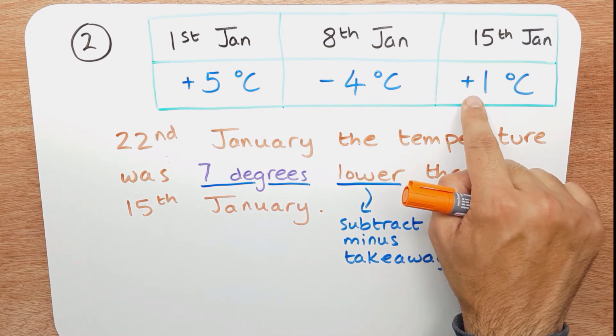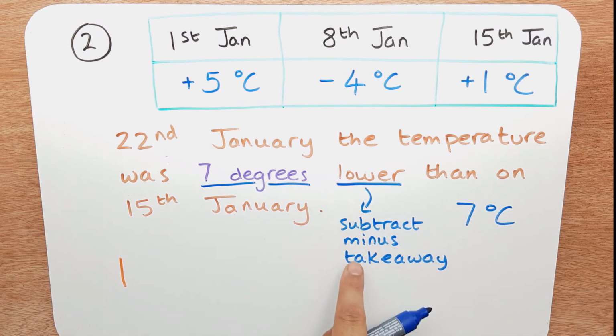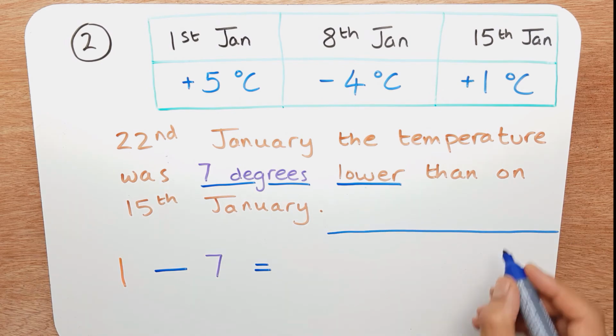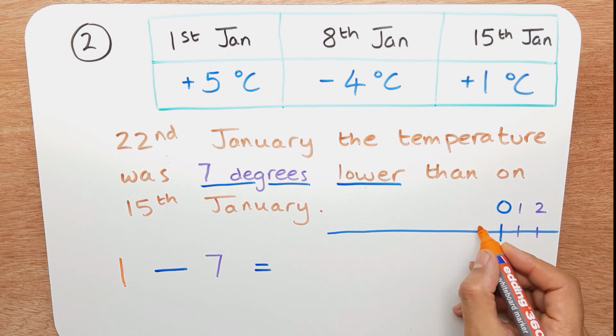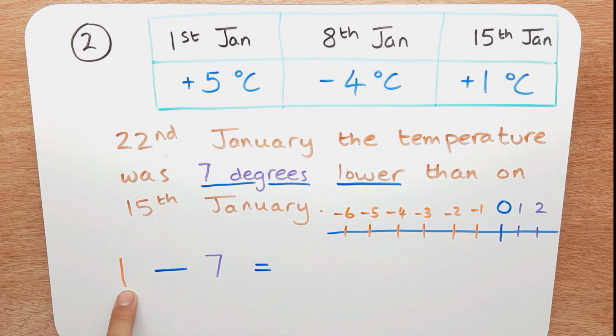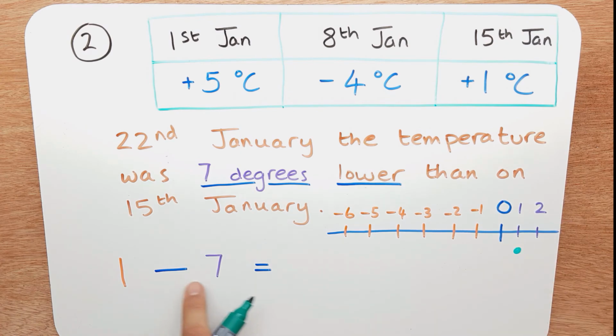By the 22nd of January, the temperature was 7 degrees lower. What we do is we start with this temperature, 1, and because it's lower, we take away 7 degrees. Right, this is tricky now, because we start at 1 and we take away 7. So let me make some room here. We'll start at 1 degree, which is here, and we take away 7.